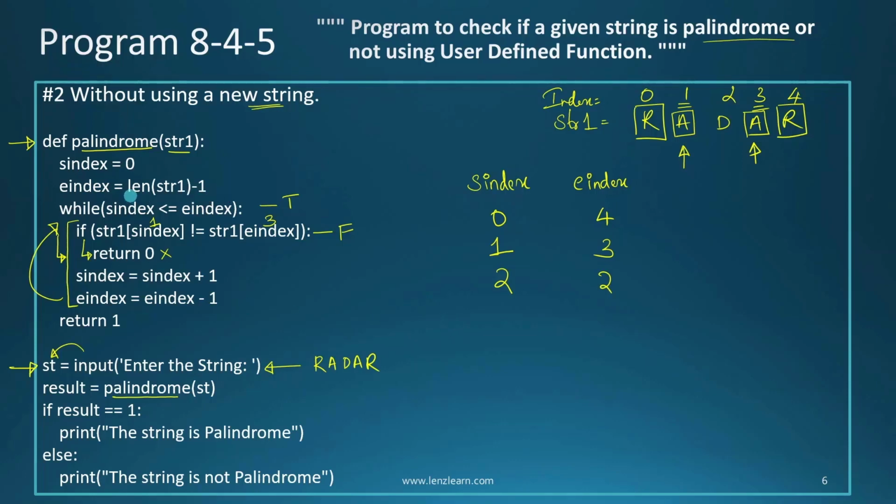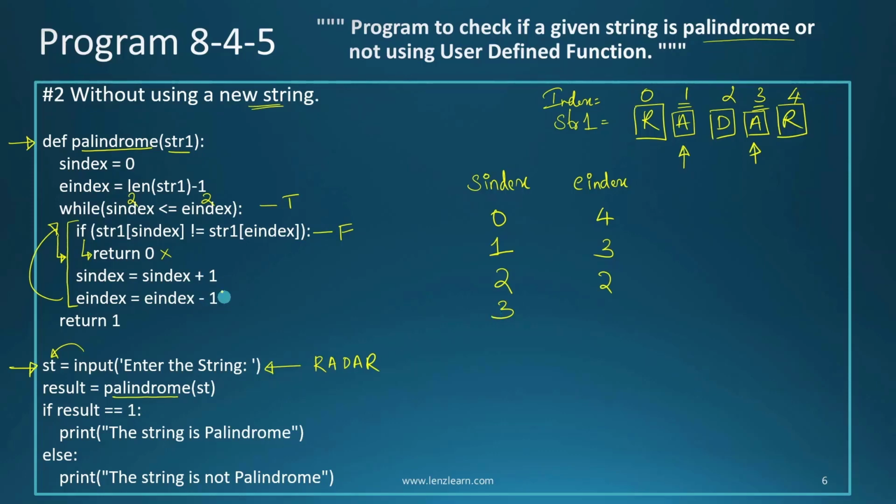Okay, so now I will check whether 2 is less than or equal to 2. We have an equal to here, so this is still true. So I will check whether str1 of 2 is not equal to str1 of 2. That is, we are checking whether d is not equal to d. That is definitely false, so return 0 will not execute. So now my s index will be increased by 1.